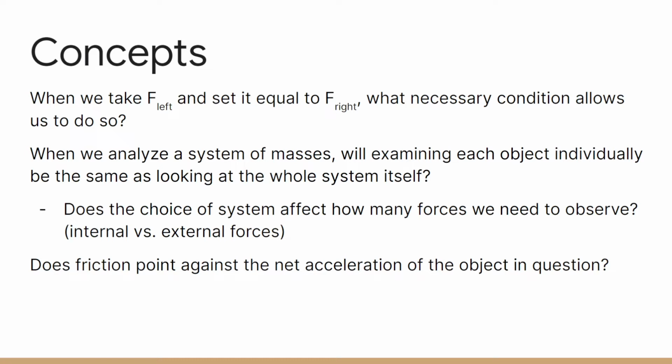One way you could solve a problem that has many different masses is to look at each one separately and calculate the force equation for every single object. Or instead, you could look at the whole system together and calculate the whole system's acceleration and the whole system's mass, and get those equations that way.